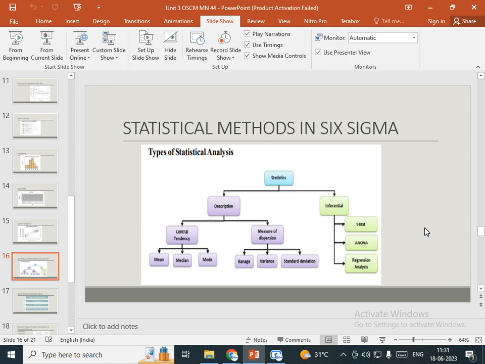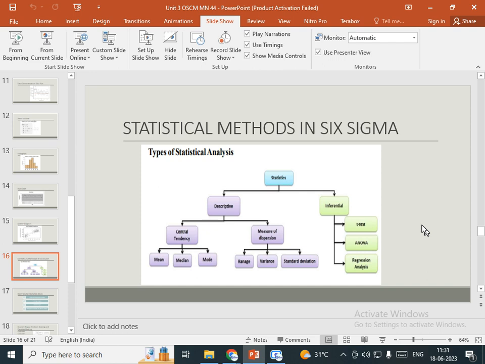Also, mode is the value which occurs most frequently in the data set. A large number of occurrences is known as the mode. So we have central tendency as mean, mode, and median.